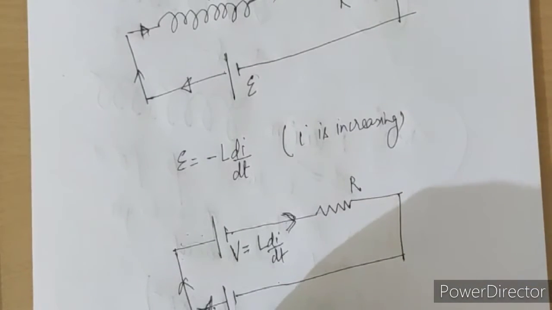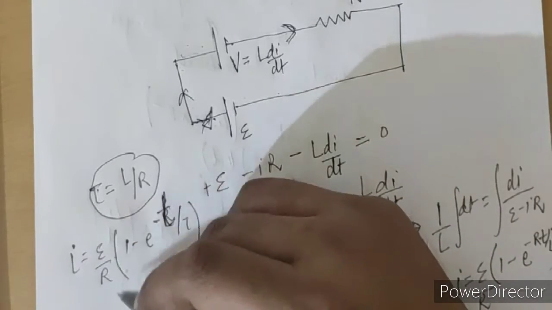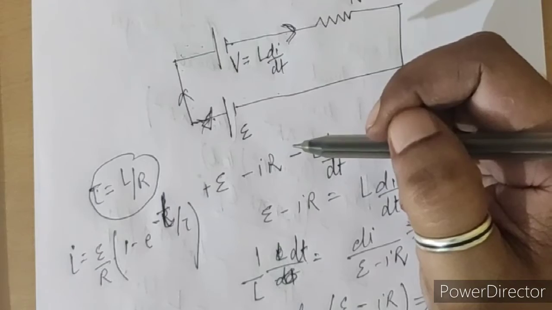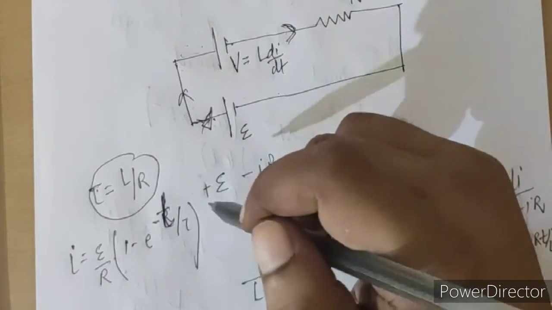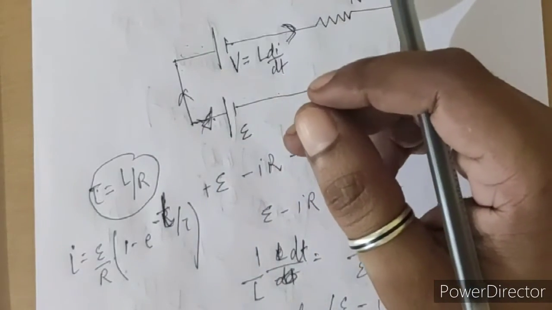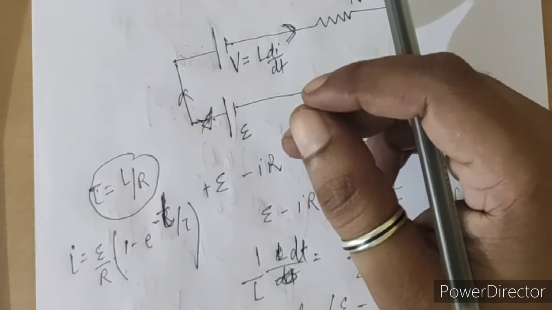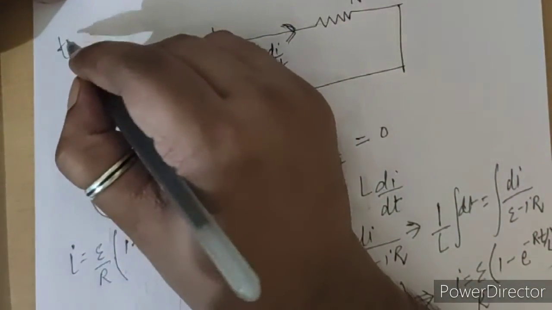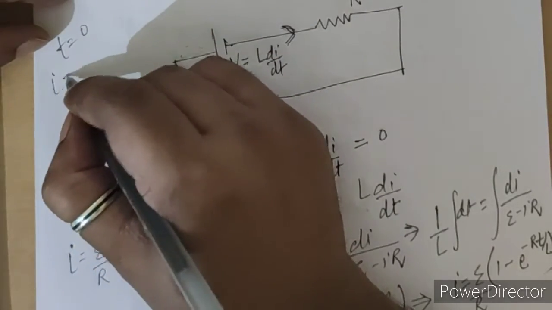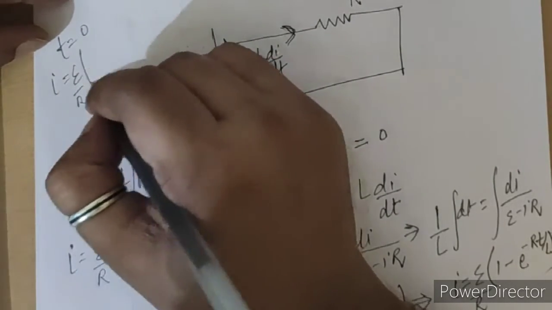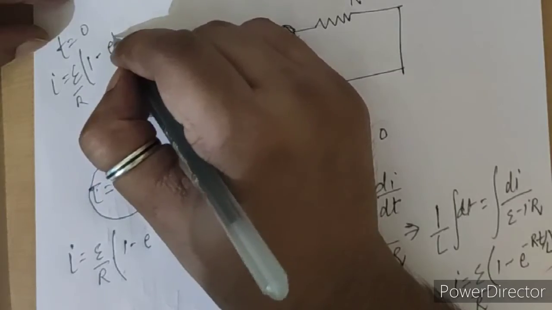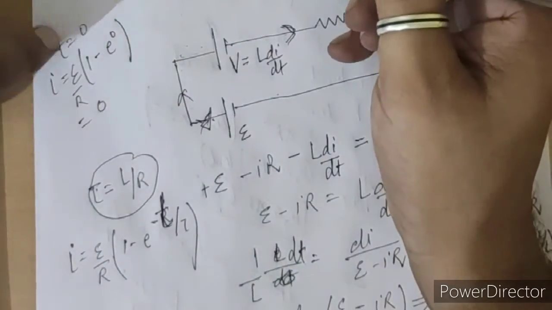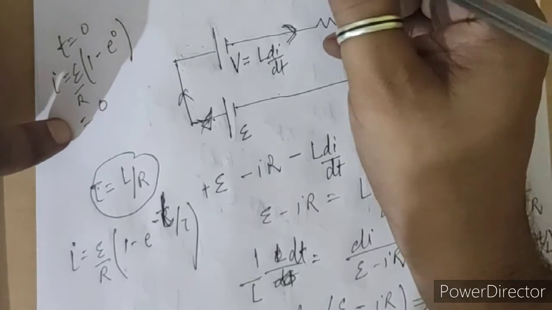So we see if time is 0, sorry, at time t equal to 0, it will not be E by R, it is E by R times 1 minus exponential 0. This will be 1 minus 1, which is 0. So at time t equal to 0, the current is 0.